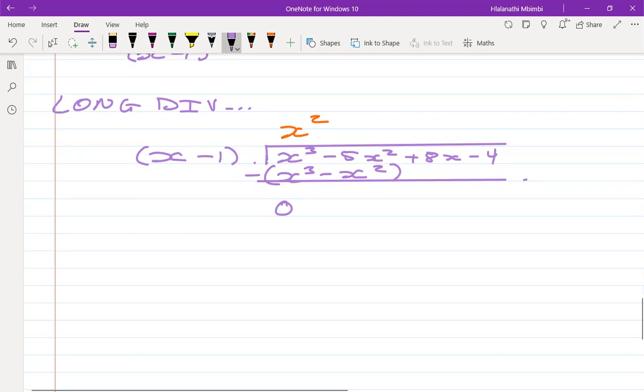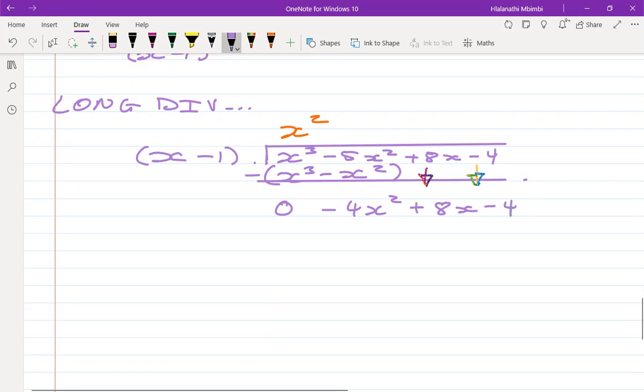And then on the other side, you would have a minus 4x squared, because you have minus 5x squared there, and then this minus is going to combine with this to be positive. Then when you add those, you're just going to get a negative like that. Then you can bring down your 8x and bring down the minus 4. And then you will be left with a plus 8x minus 4.